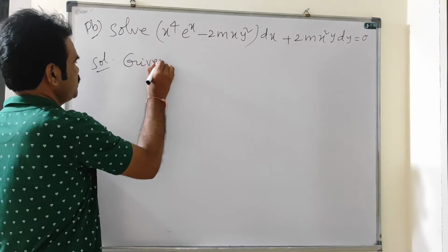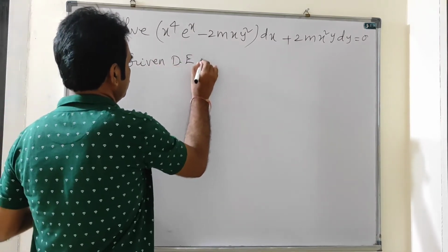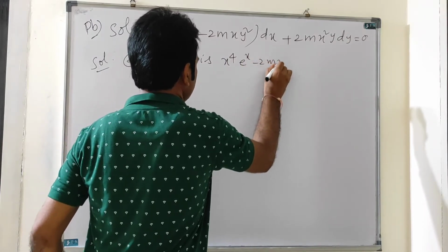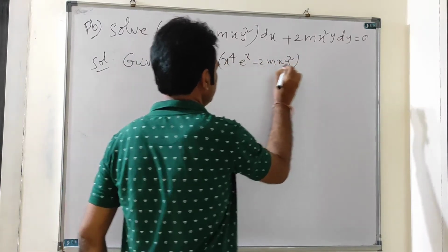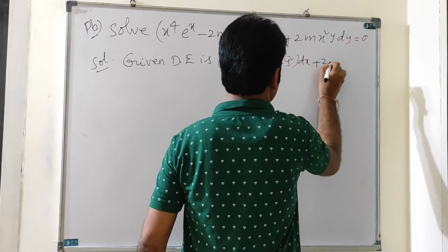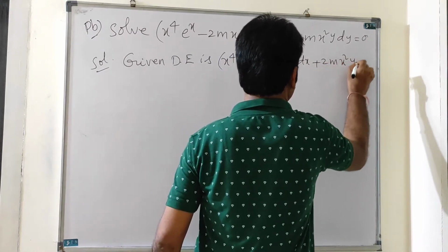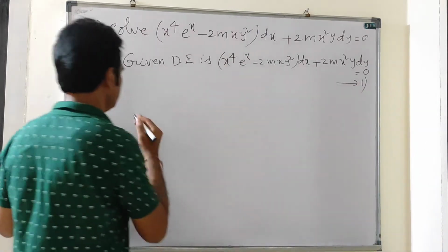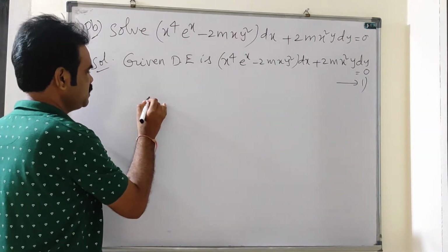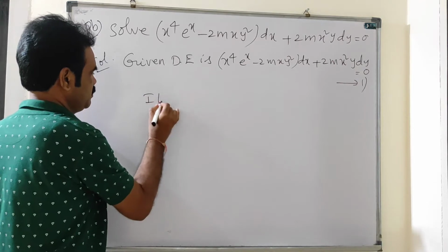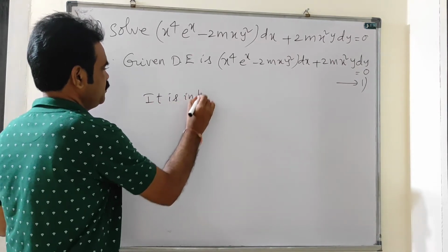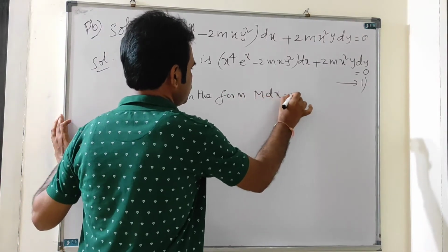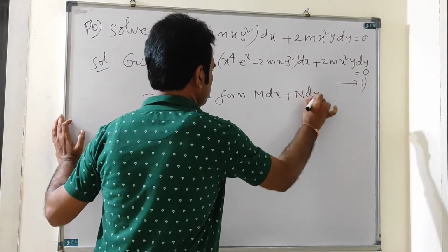Given differential equation is (x power 4 e power x minus 2mxy square) dx plus 2mx square y dy is equal to 0. Let it be equation 1. Now it is in the form M dx plus N dy equal to 0.